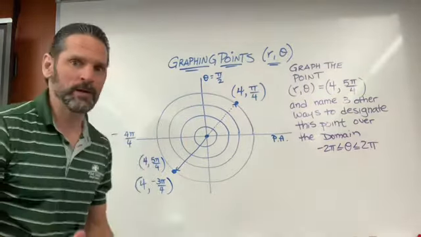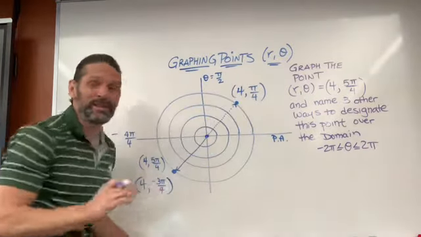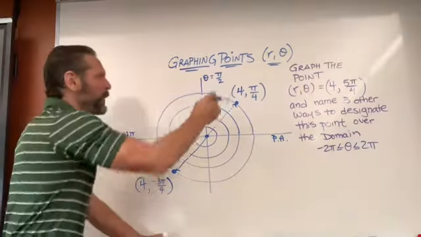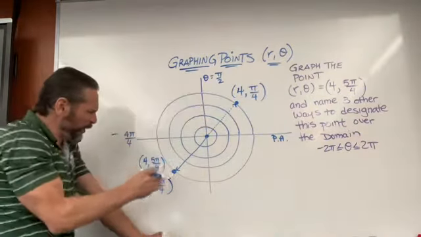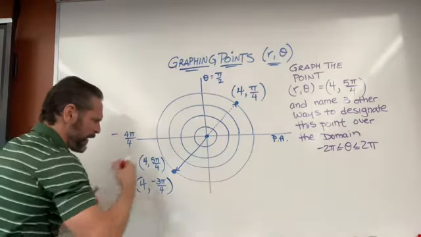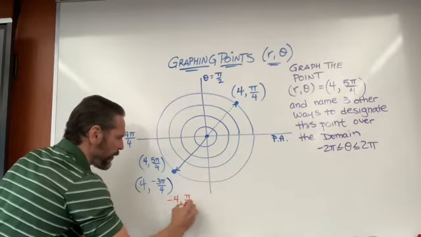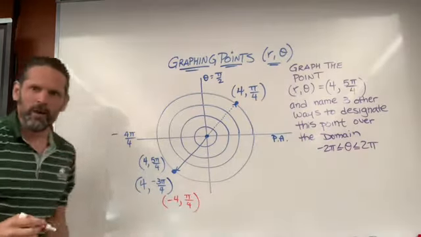Now watch what I'm going to do. I'm going to take the opposite of the directed distance, which means I'm going to flip it right over the pole. So I can consider this point negative 4 comma pi over 4. What?